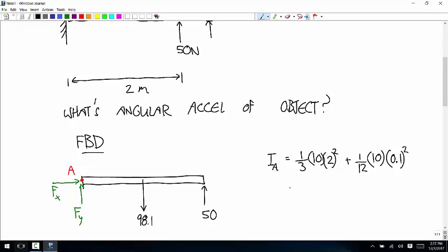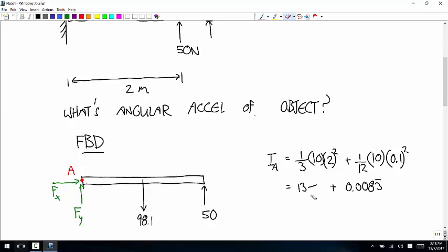Okay, so this first term is 40 thirds, so that's 13 1/3. The second one is 10 12ths, 5/6, times 0.1 squared, which is 0.01. So that's a tiny, I think that's plus 0.0083 repeating.